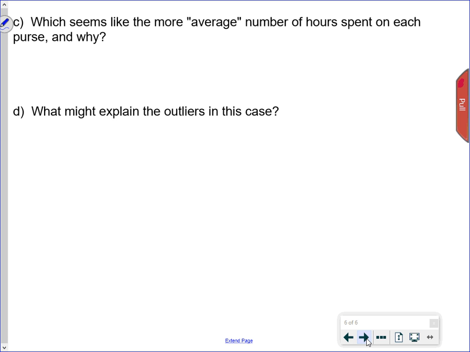So the second one of 7.4. And this is because most data points are between 6 and 9 hours.